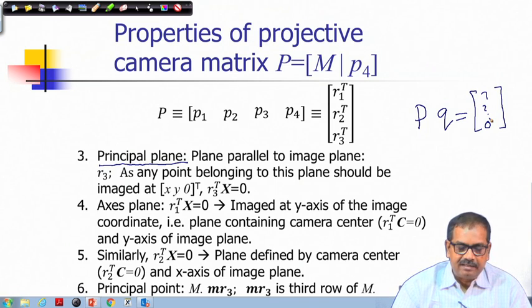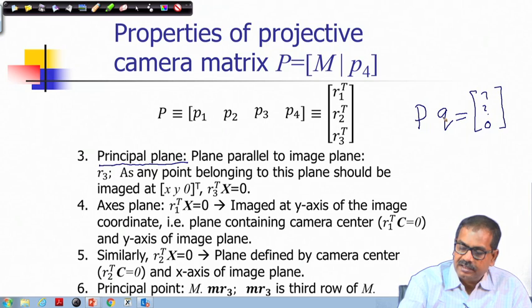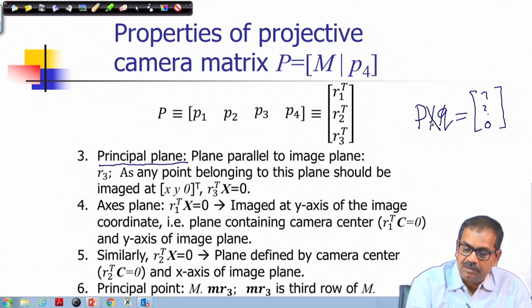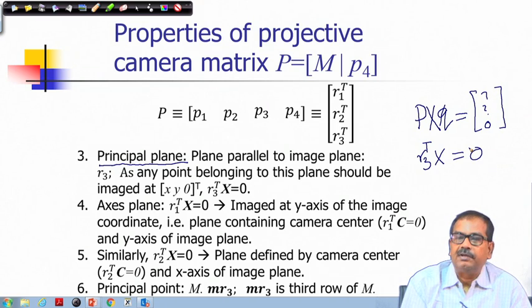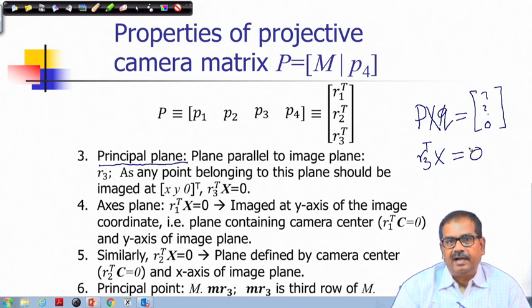So, let me use the point as x. If I consider multiplication with the row vectors, we will get R3 transpose x equal to 0. Now, you can see that this is nothing but the equation of a plane, and that is the principal plane. You should note that this is how you get the principal plane, but it is in the world coordinate system.